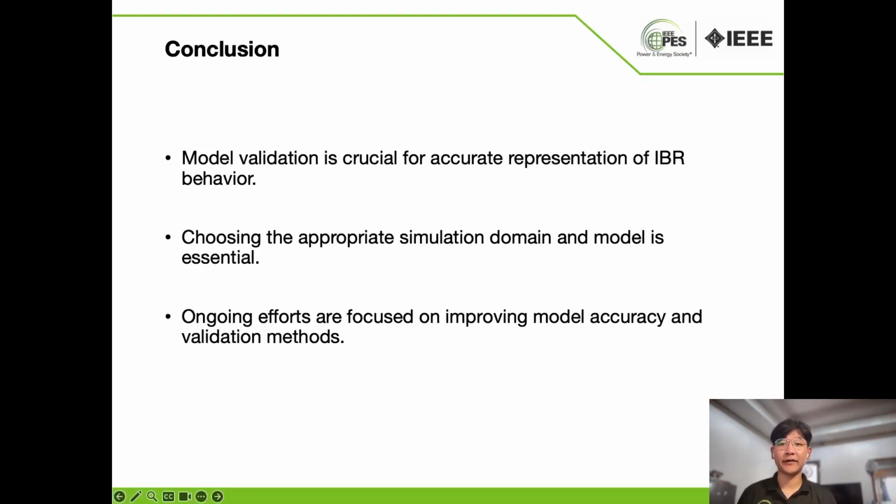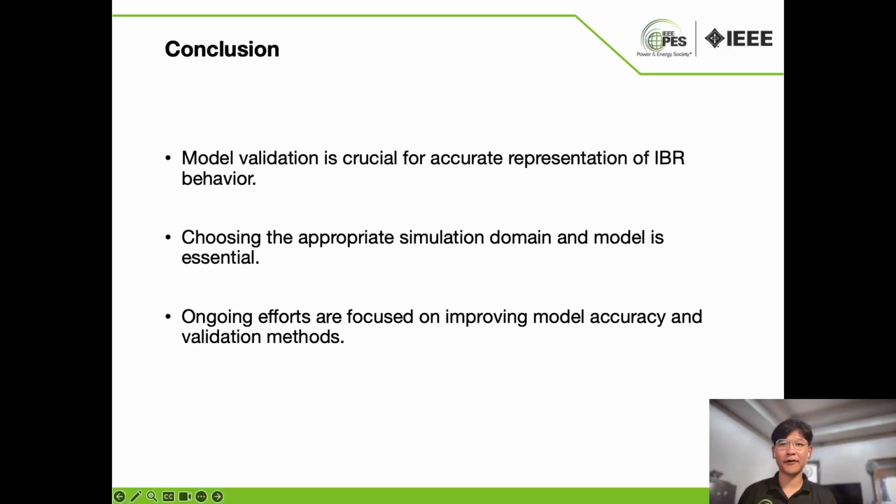In conclusion, validating IBR models is crucial for reliability and stability of modern power systems. Selecting appropriate simulation domains and using accurate, well-parameterized models are key to capturing IBR behavior under various conditions.